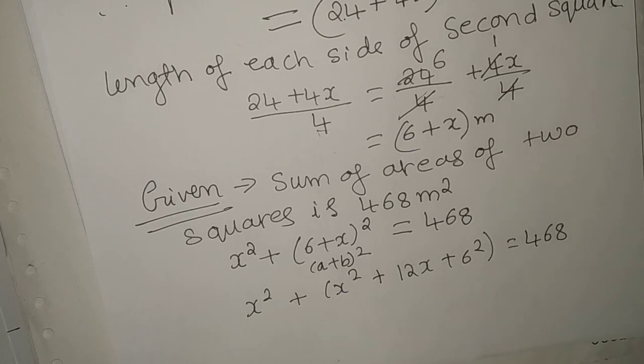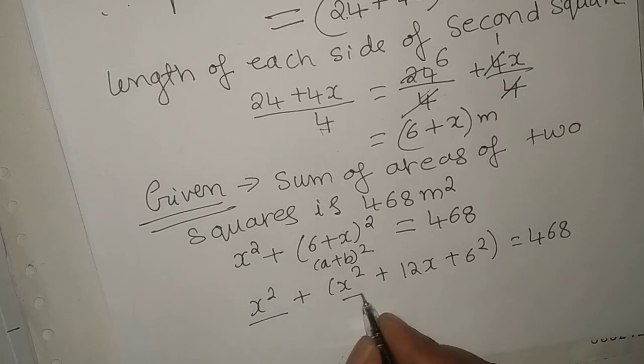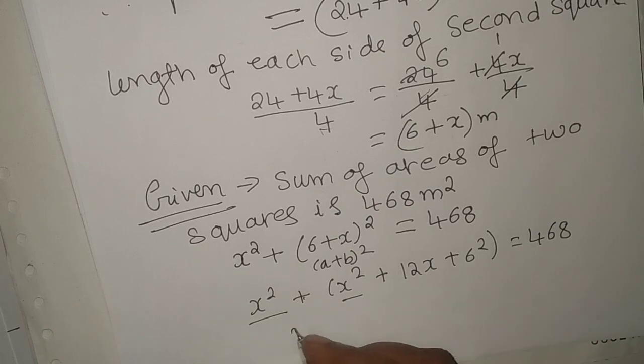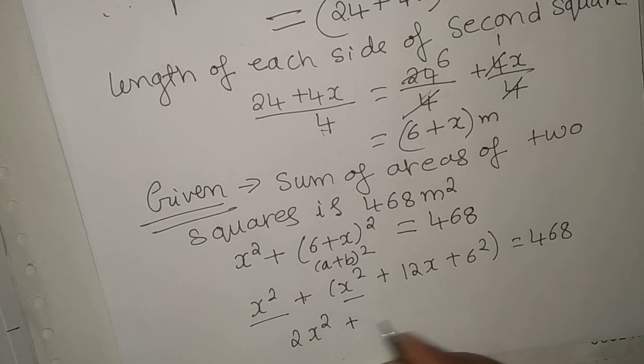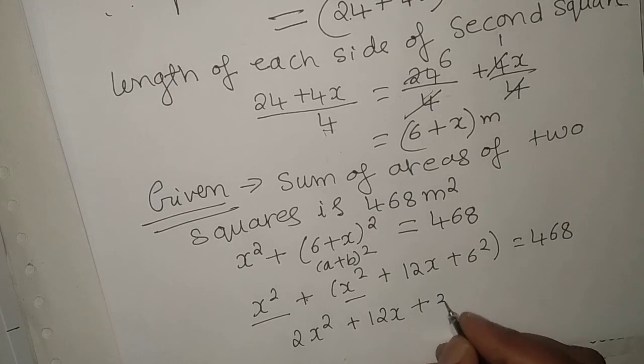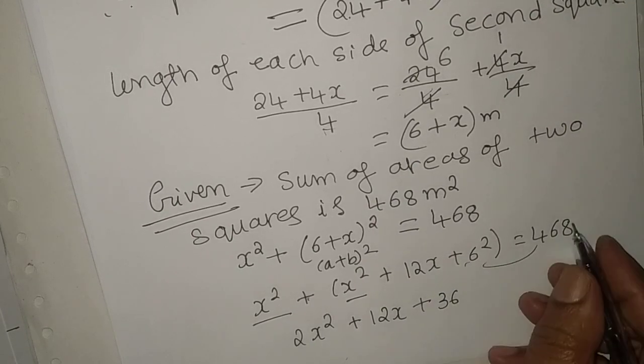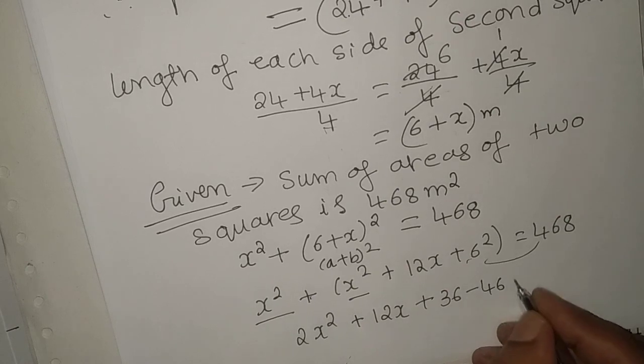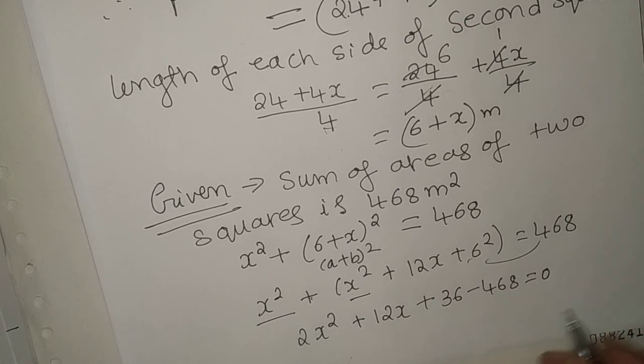Now we'll bring it to expression form. Simplifying these, we get 2x square plus 12x plus 36, then bring 468 to the other side, minus 468 is equal to 0.